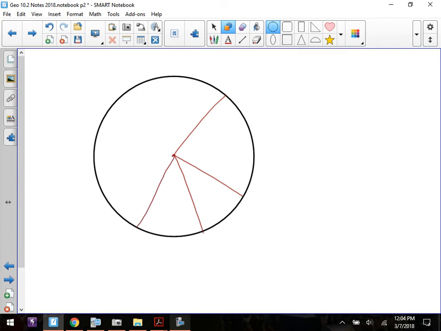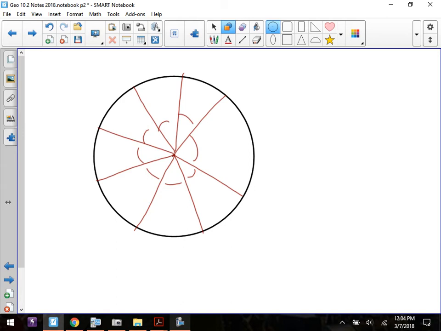Each one of those pieces, albeit not drawn to scale, has its own angle, its own wedge, its own theta value within the circle. We know that all of those degrees have to add up to equal how much? 360, because it goes all the way around.